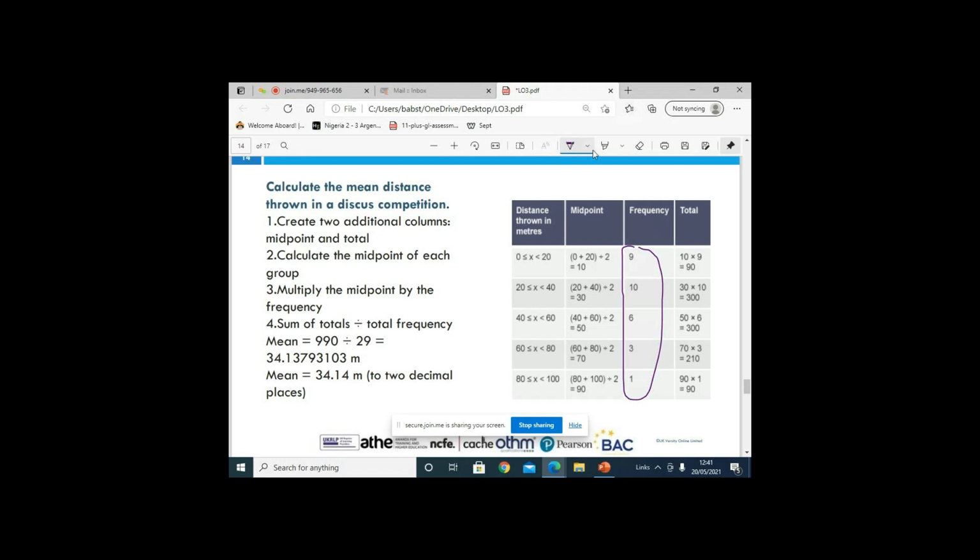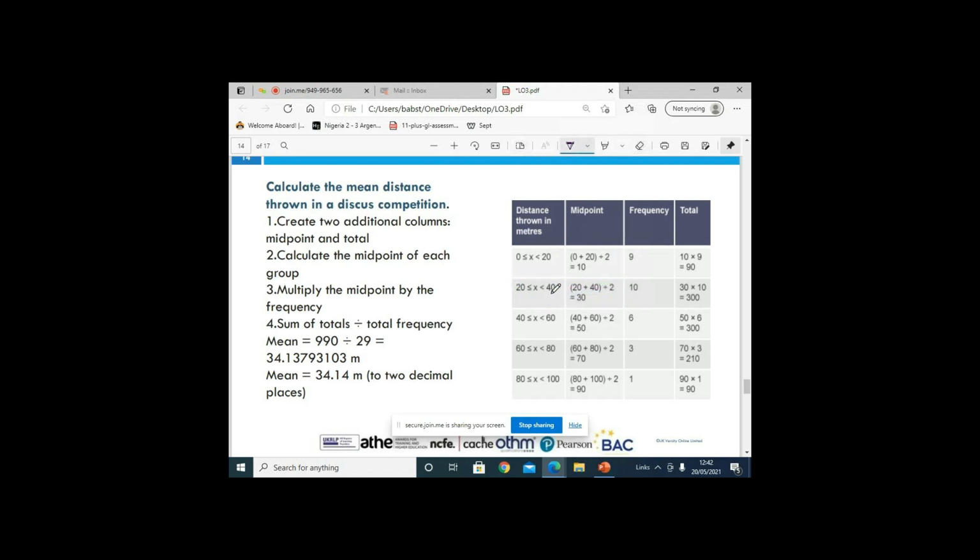Then you trace that 10 to the class. People who threw between 20 and 40 occur 10 times. So that is the modal class: 20 to 40.